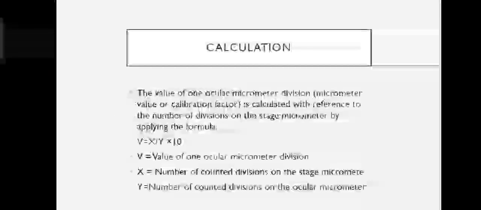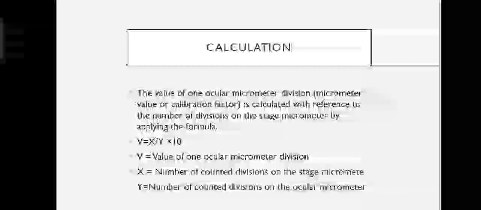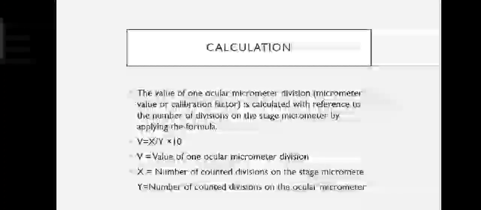For the calculation, the value of one ocular micrometer division is calculated with reference to the number of divisions on the stage micrometer by applying the formula V = x/y × 10, where V is the value of one ocular micrometer division, x is the number of counted divisions on the stage micrometer, and y is the number of counted divisions on the ocular micrometer.